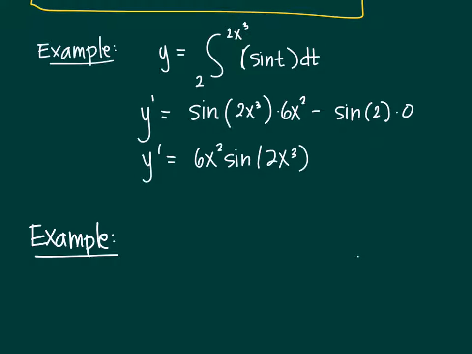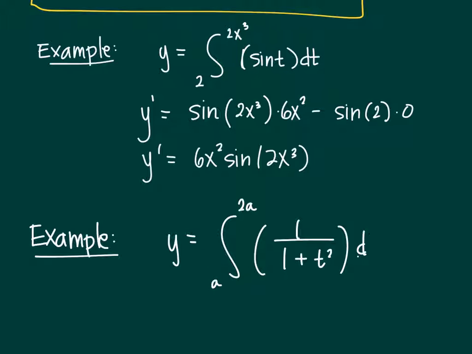Okay, how about y equals the antiderivative from a to 2a of the quantity 1 over 1 plus t squared dt.